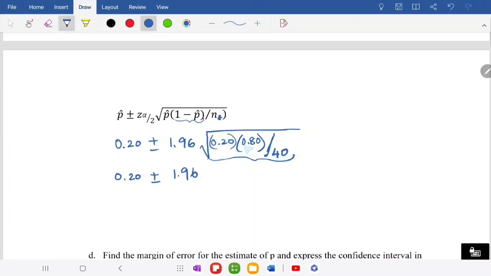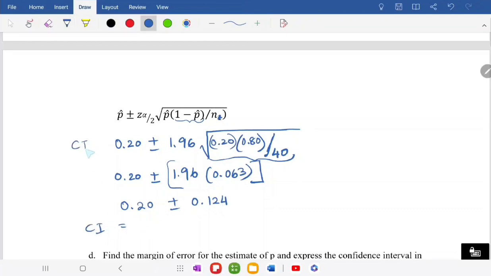When you take the square root of it, you should come up with a value of 0.063. So you have to complete this multiplication first before you can add or subtract it to the sample proportion. So we'll end up with 0.20 plus minus 0.124, which is going to give us a confidence interval.